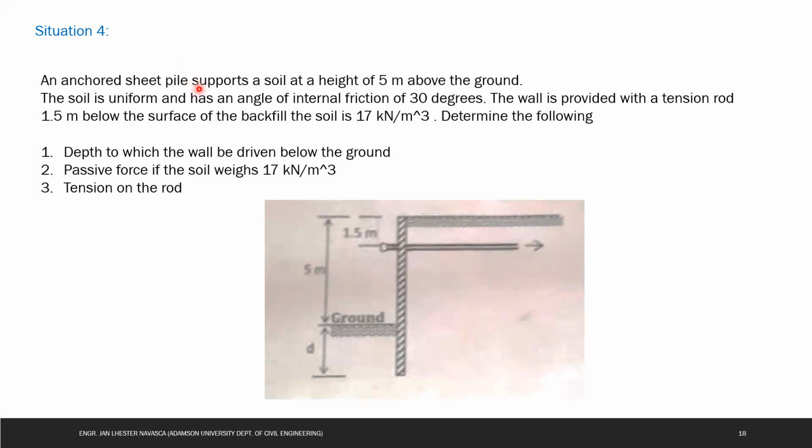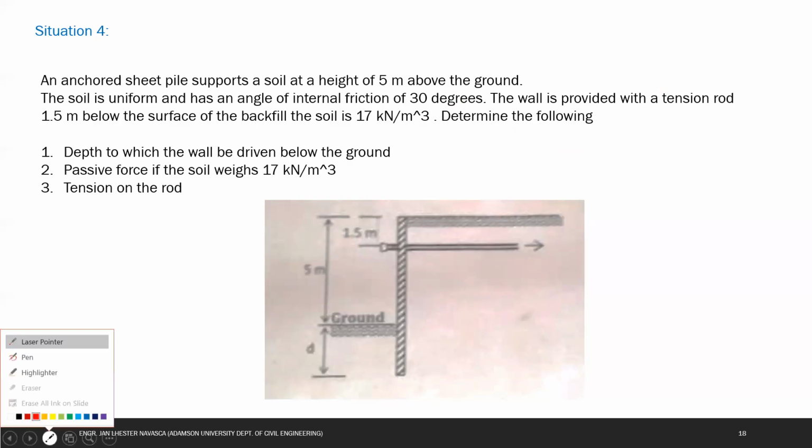So yung anchored sheet pile supports a soil at a height of 5 meters above the ground. And the soil is uniform and has an angle of internal friction to be 30 degrees. The wall is provided with a tension rod 1.5 meters below the surface of the backfill, which is this one. So ito yung 1.5 meters. So meron kang tension rod or soil nail, should be.